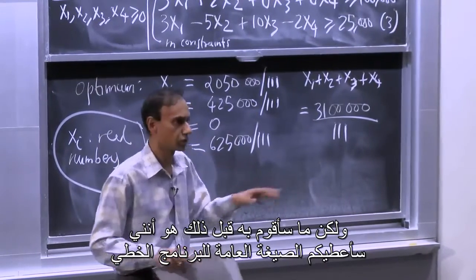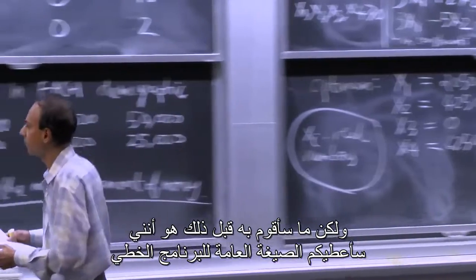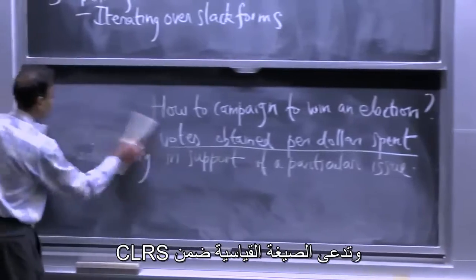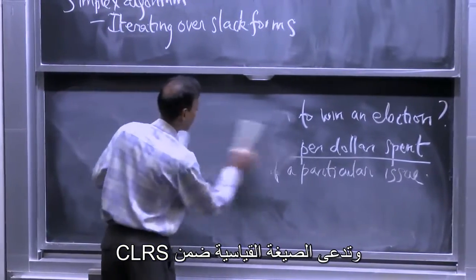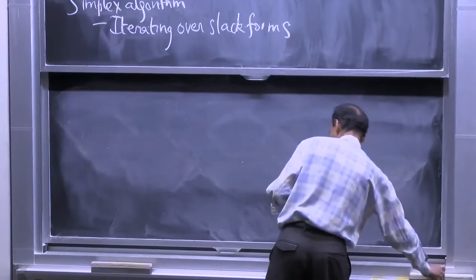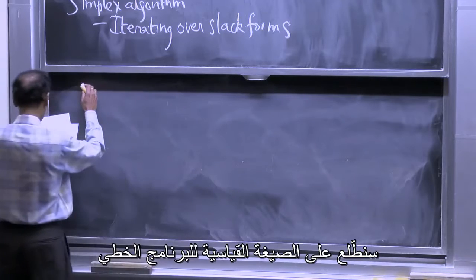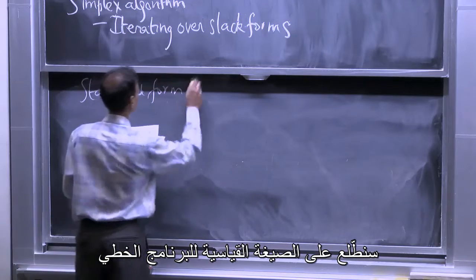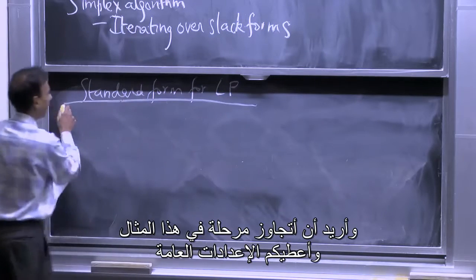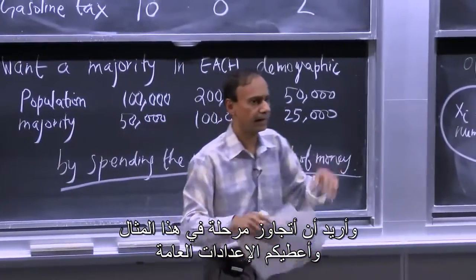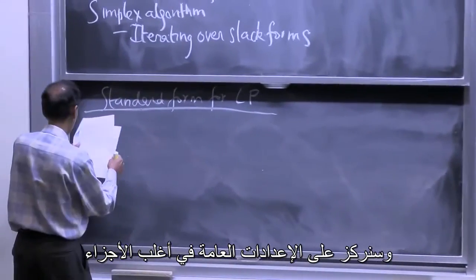But what I want to do just before that is to give you the general formulation of a linear program. It's called the standard form in CLRS, also called the general form in some cases. We'll look at the standard form for LP. And I want to pop up a level above this example and give you the general setting, and we'll focus in on the general setting for the most part.